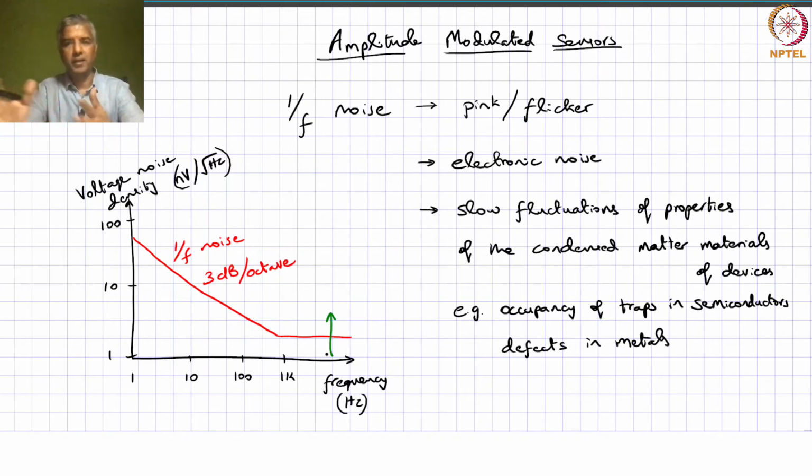So you essentially have this 1 over F noise contribution only from things beyond that mixer as far as your lock-in detection is concerned. So that's actually one of the main reasons why we may want to do lock-in detection.